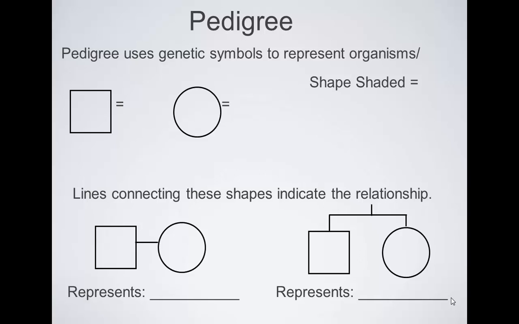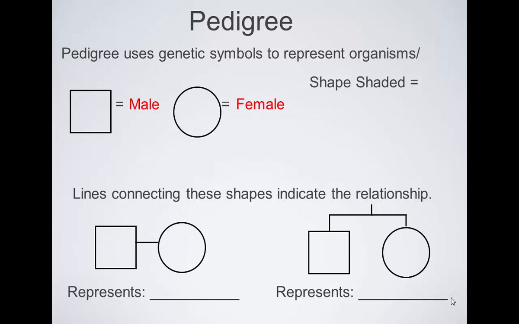So we use symbols, first of all, to represent different people in a pedigree. We always use a square for males, and we use a circle for a female. When we're creating a pedigree, we're usually tracing a certain trait or characteristic or disease.